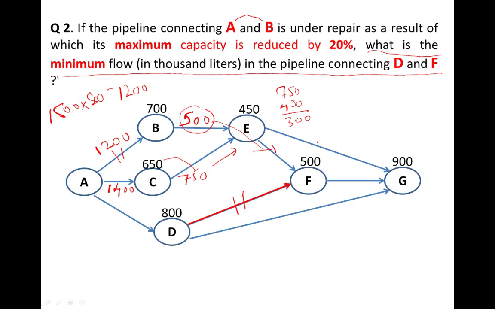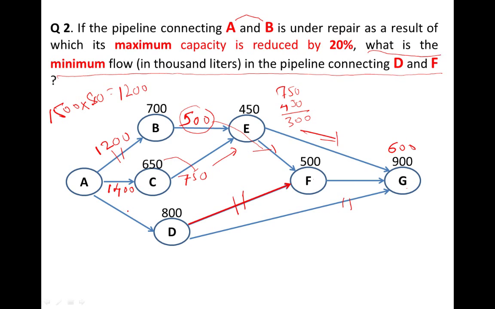So this 300 will be passed on to G. So what is the additional need for G? 600, and that need I will take from this pipeline, that is D to G. So let's check whether from D to G I can take 600 or not.